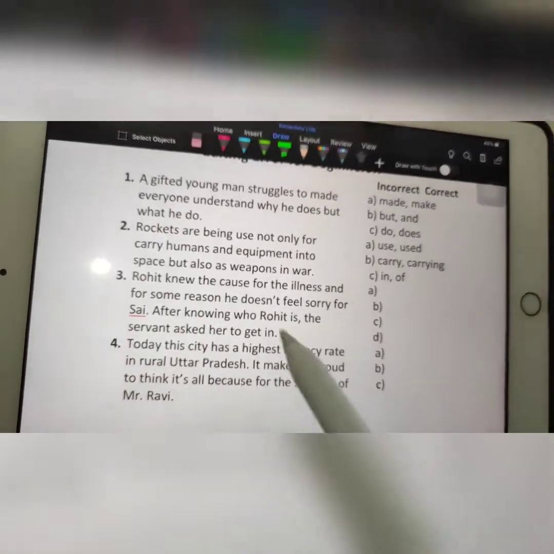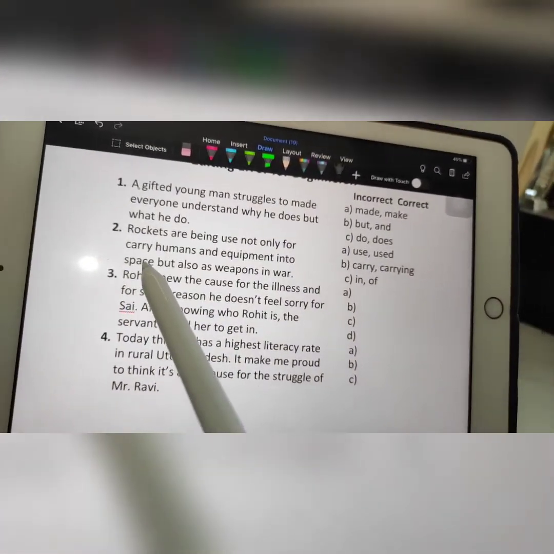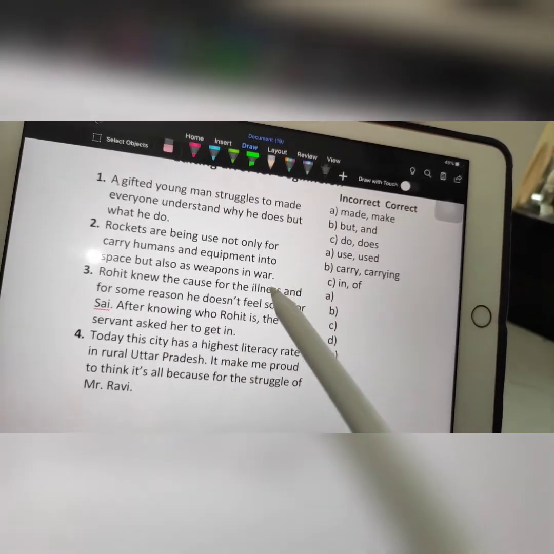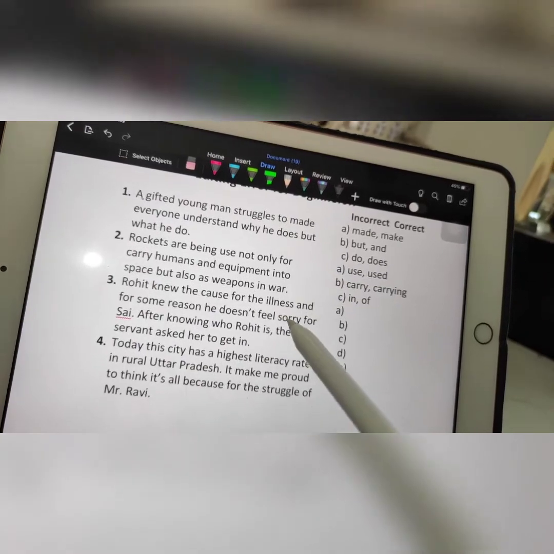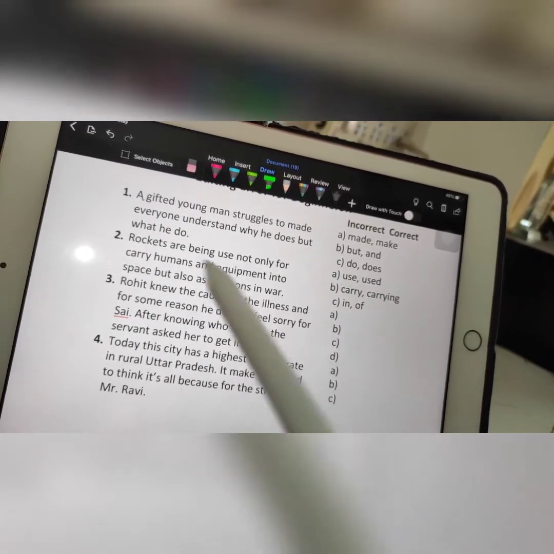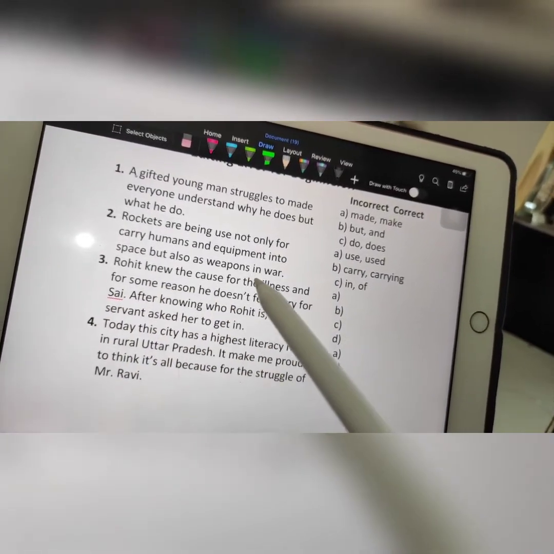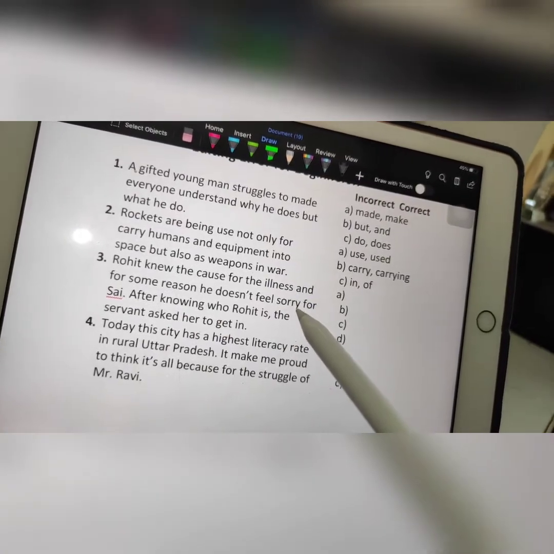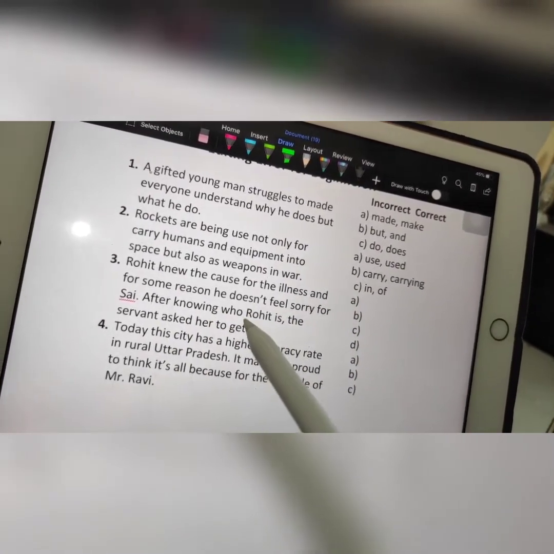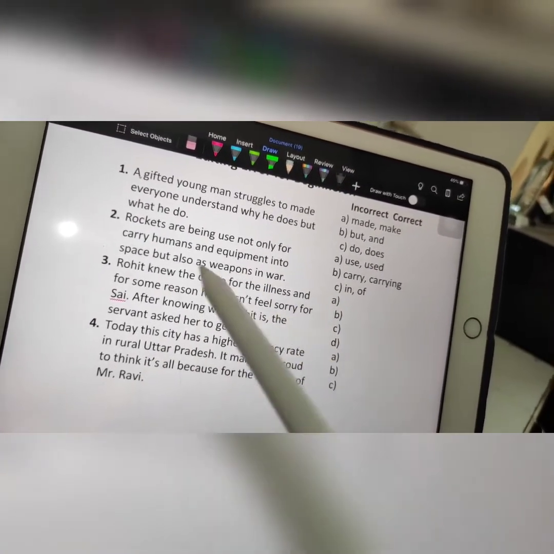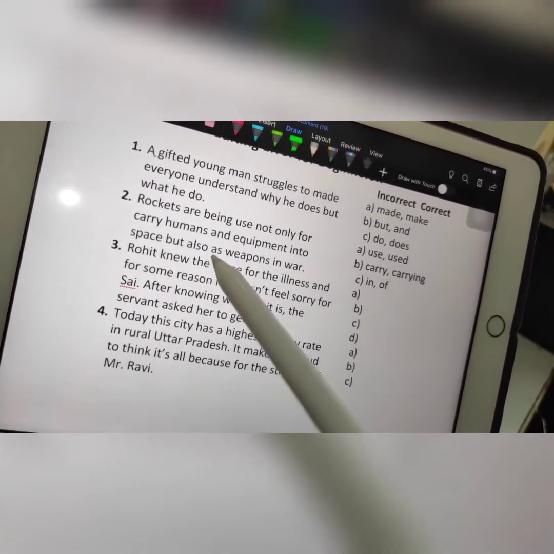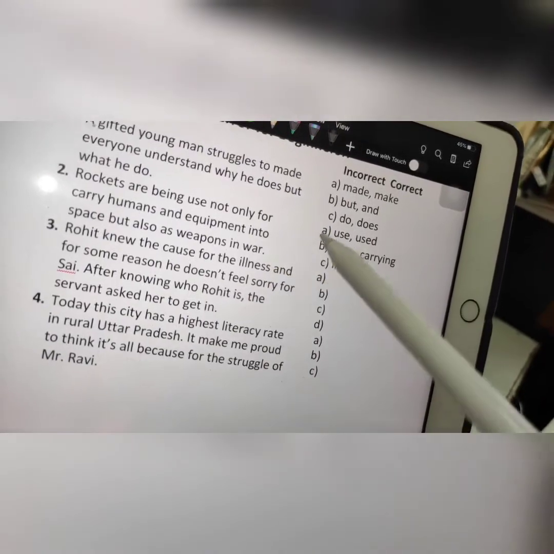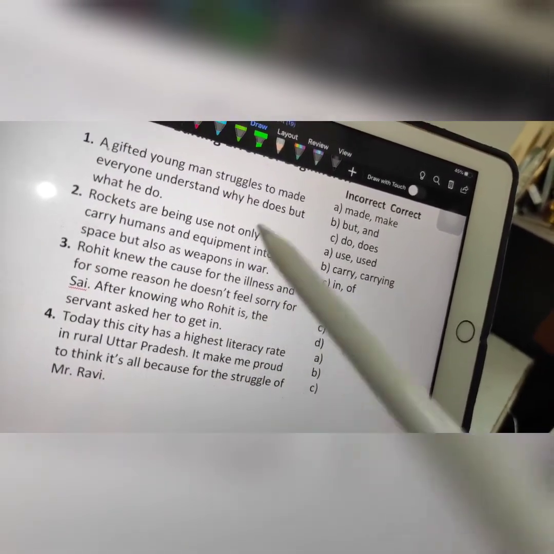Now here we start with the third passage. Rohit knew the cause for the illness and for some reason he doesn't feel sorry for Sai. After knowing who Rohit is, the servant asked her to get in. So in the first line, if I read it again, Rohit knew the cause for the illness and for some reason.